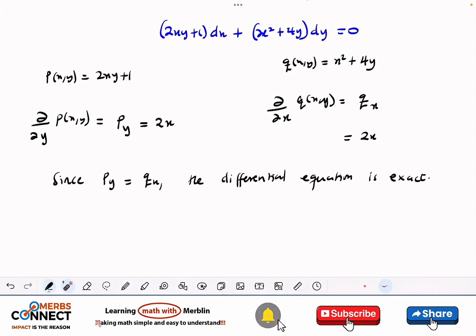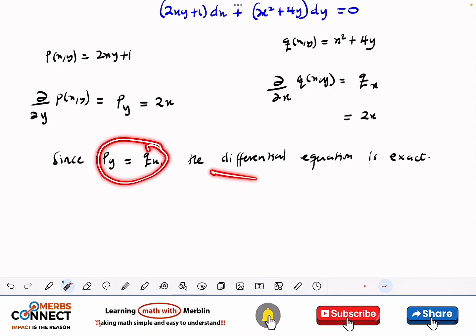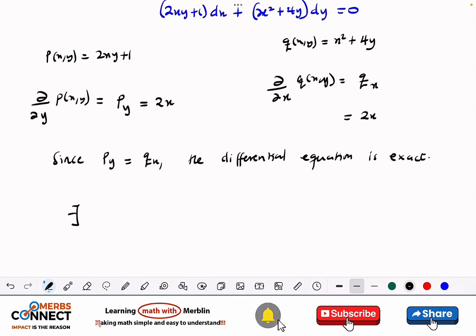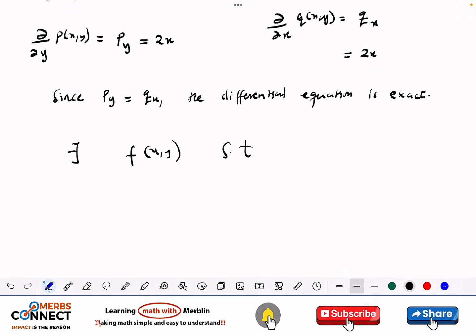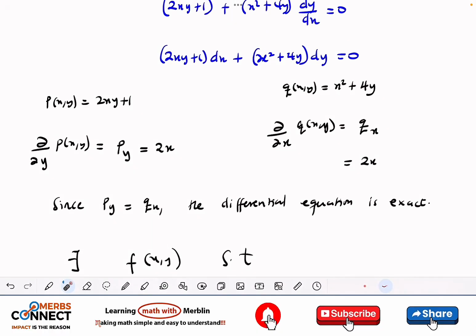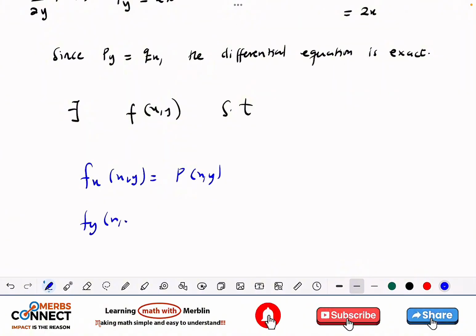So from here, if we want to solve, we are saying that since this holds and the equation is exact, there exists a function, let's say f of xy, such that this p of x y here is actually f of x, and f of y is q of xy.